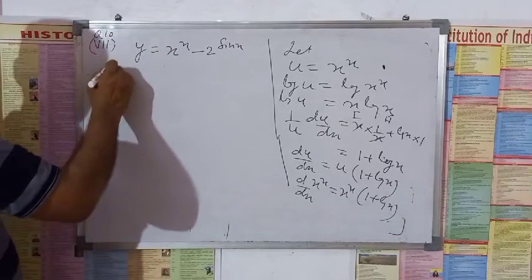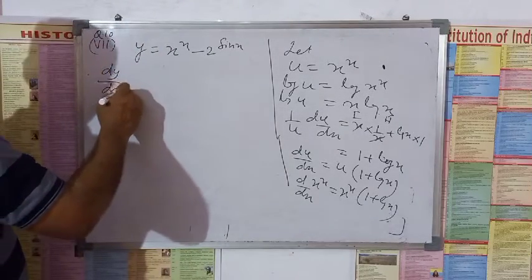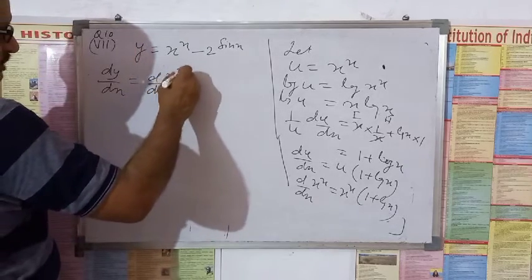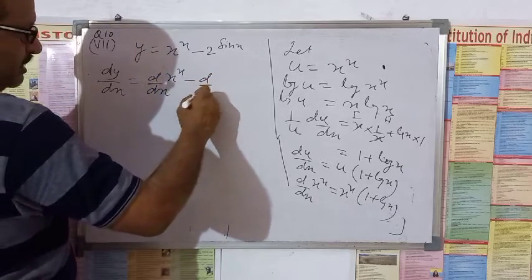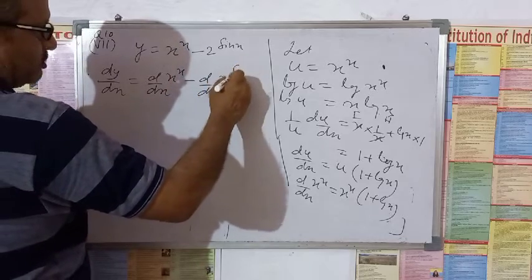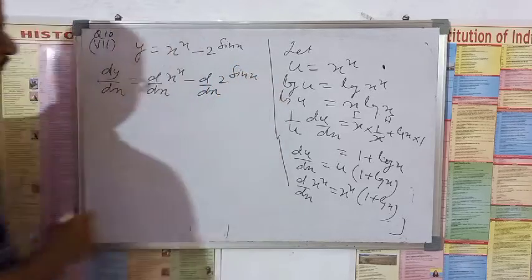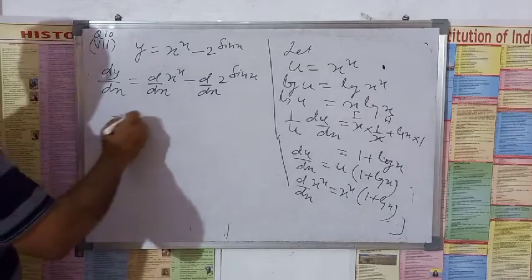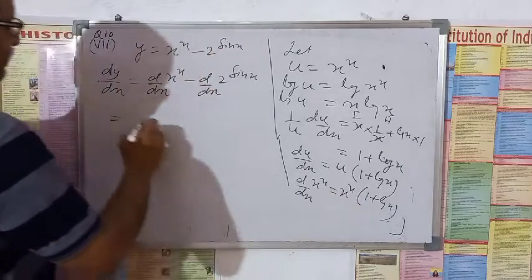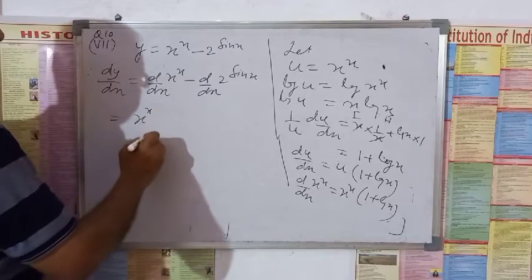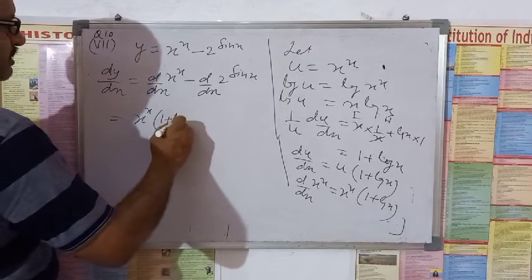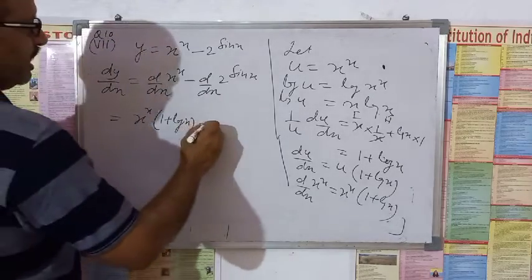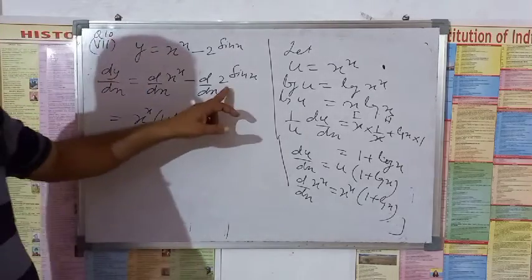So differentiate it right here. dy by dx is equal to d by dx of x to the power x minus d by dx of 2 to the power sin x. What is this derivative? X to the power x in bracket 1 plus log x, minus derivative of this one.